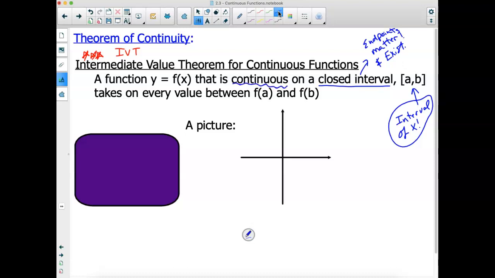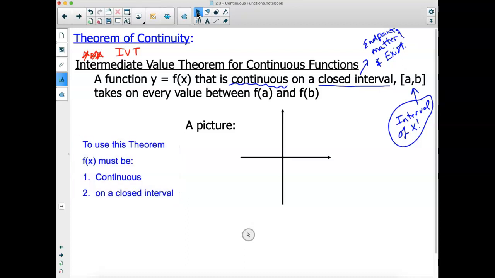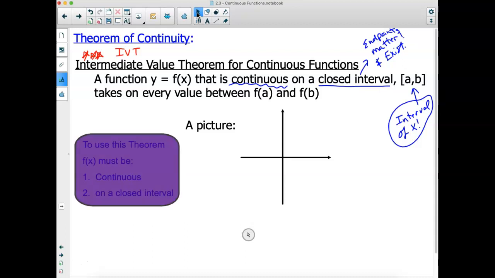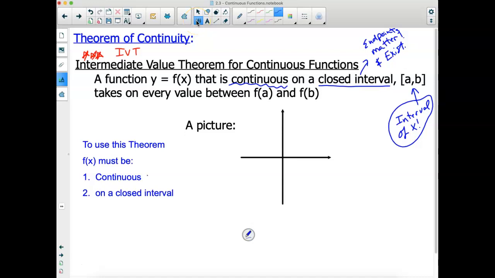It says continuous. So in order to use the intermediate value theorem, and this is fundamentally important, I have to know two things. To use this theorem, your f of x function, number one, has to be continuous on your closed interval, that particular closed interval.